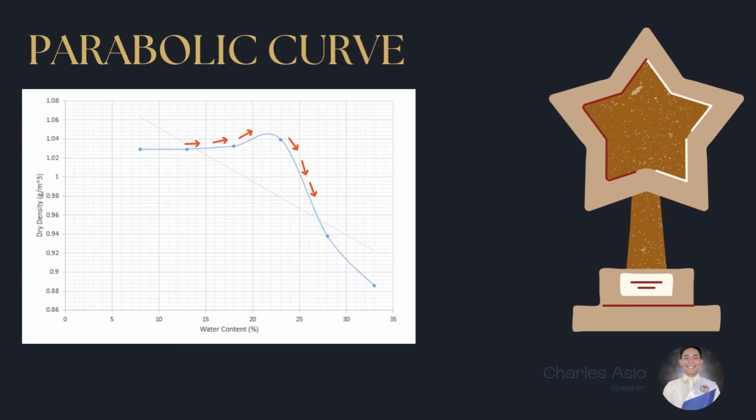Increasing the moisture content of the soil sample will only result in a lower dry density, which is also why the graph has a parabolic curve. The vertex of the graph is where the optimum moisture content is located.